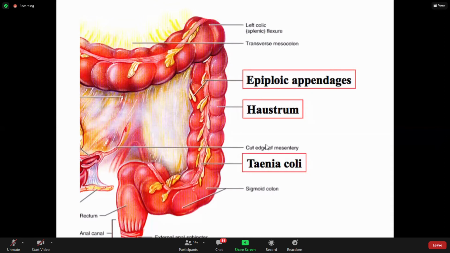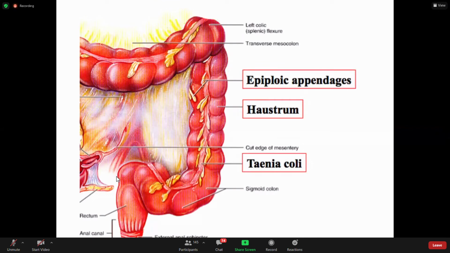So this is nothing but the three ribbon-like bands present in your large intestine. They are nothing but the longitudinal muscle cord, and these bands are basically made of the longitudinal muscle cord only. So these are the taenia coli. They are located at 3 points in your large intestine.